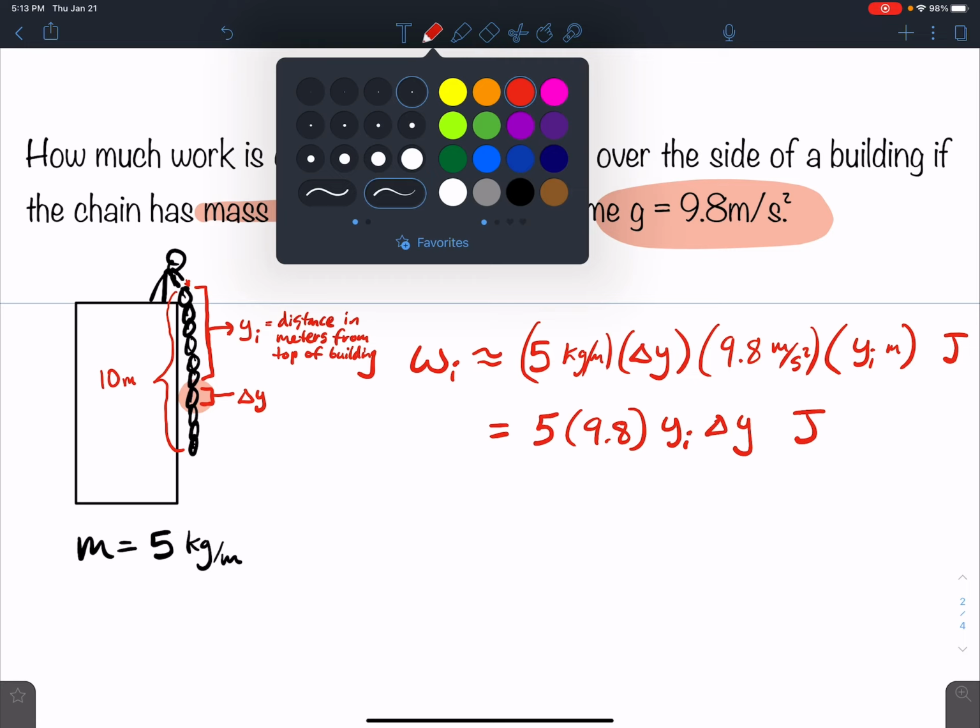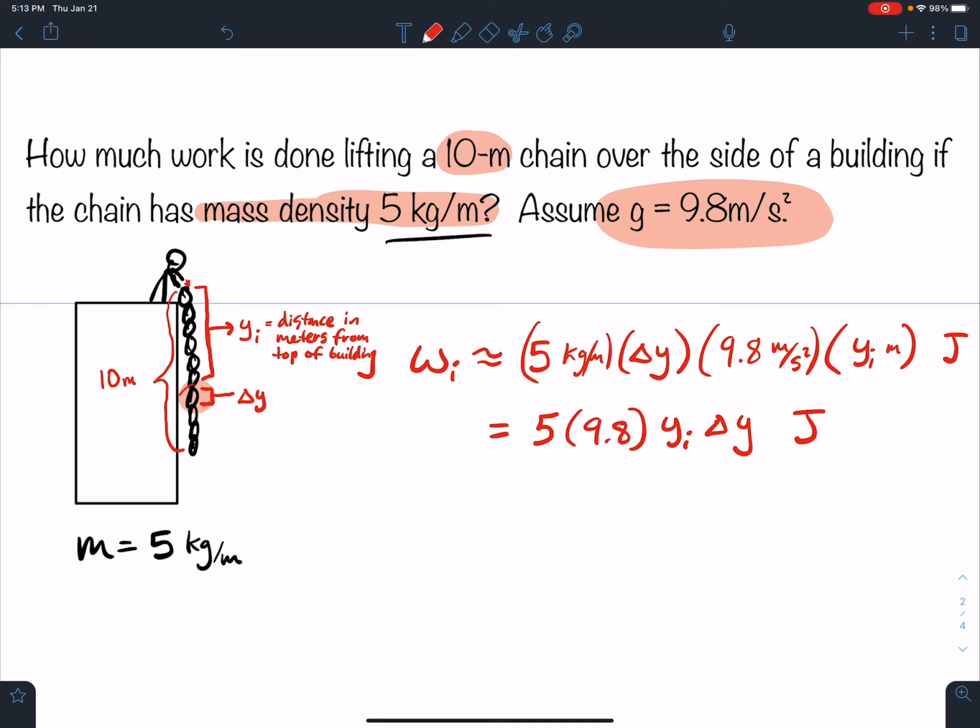So that's for one little segment of the chain, some arbitrary segment. The work needed to lift this segment of the chain to the top of the building is this piece right here. Now I'm going to sum all of those little delta y segments of the chain from 0 feet from the top all the way to 10 feet from the top.